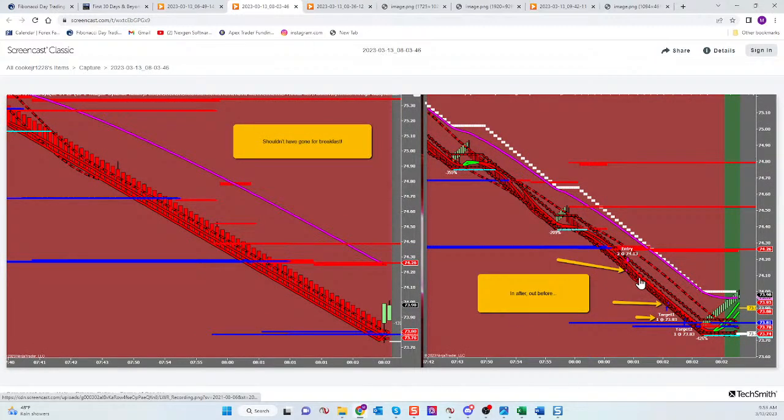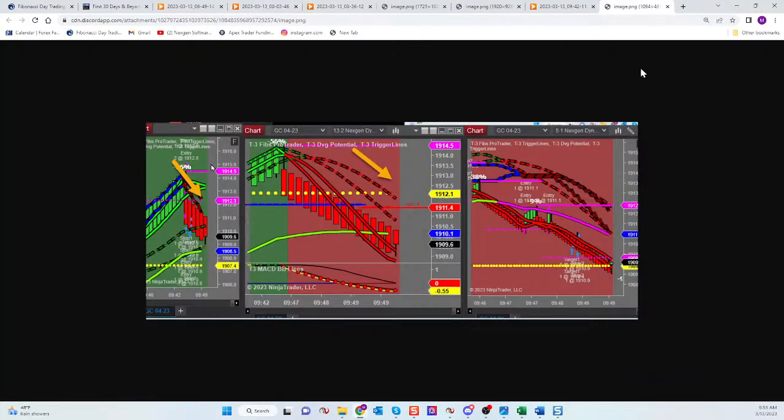Just getting to the other side of these little 1-to-1s, getting to the other side of this 11.4 area gives you a little more of a clear path. So if you're going to do a momentum style, it's real important that you have that clear path. Nice trade, NG.